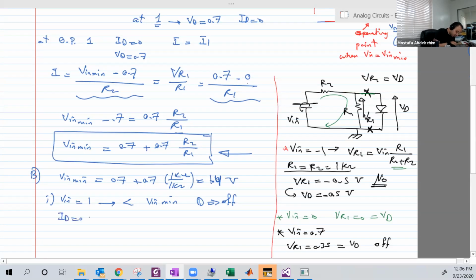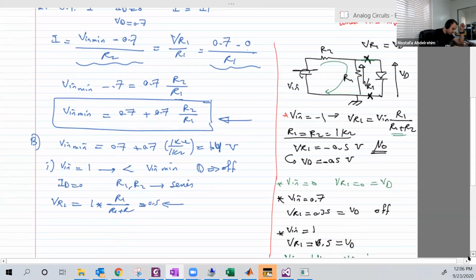ID is equal to 0. R1 and R2 can be considered in series because that is just open circuit. So VR1, for example, is equal to 1 multiplied by R1 over R1 plus R2, which is half a volt. And that's actually a check for you, because the VD should be less than 0.7.